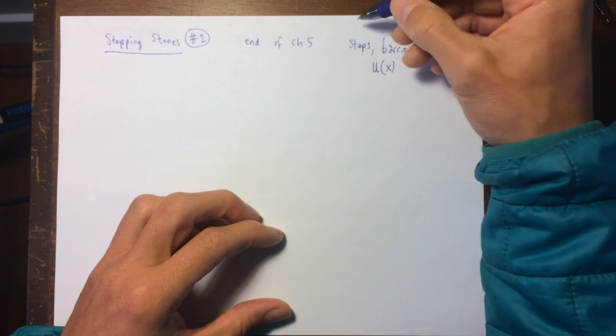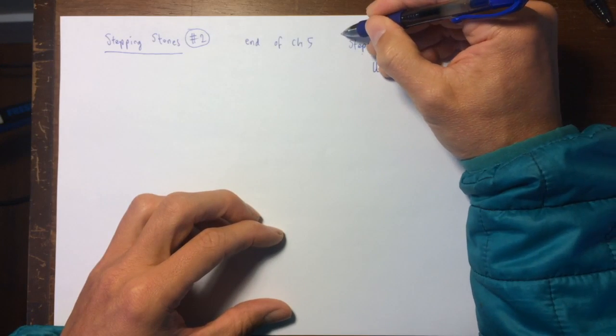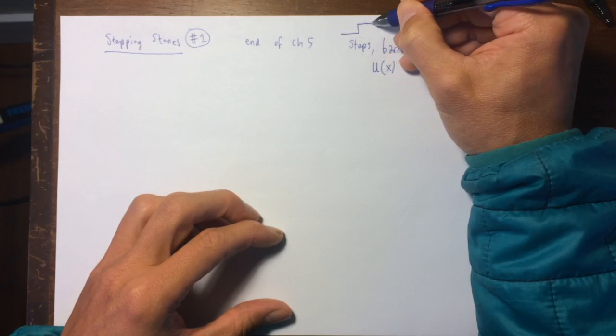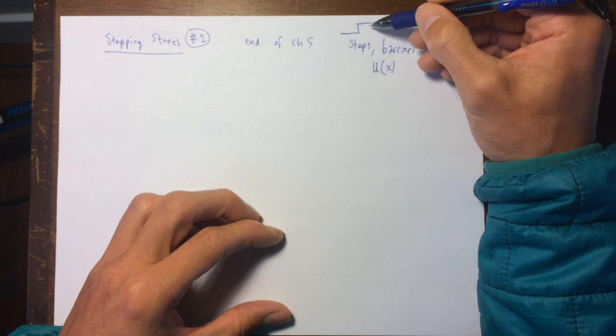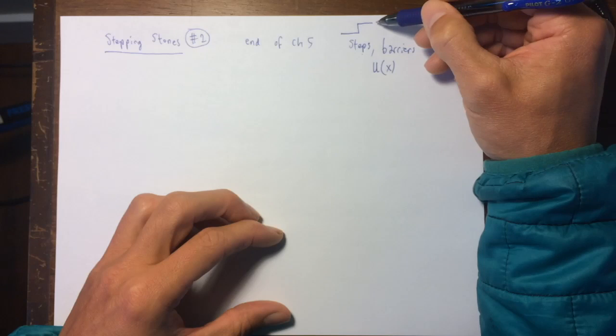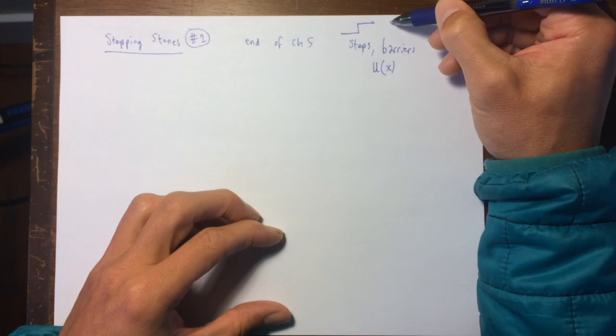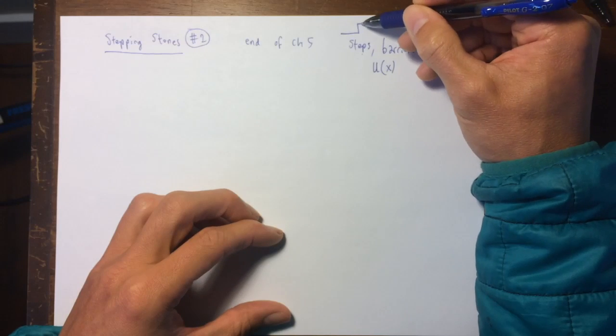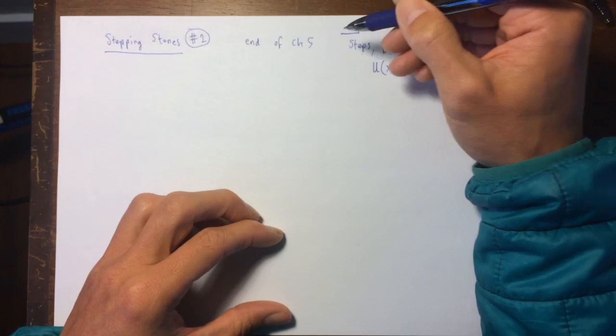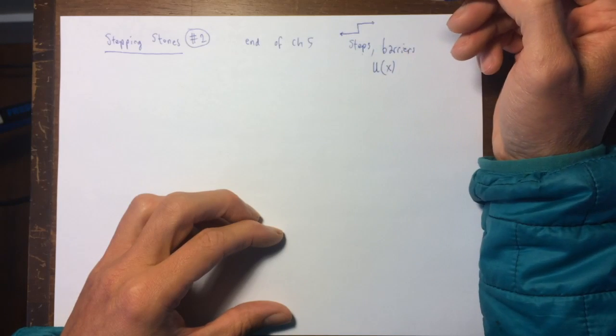A step, well, you probably already know this, looks like this. The potential on the right-hand side, which is meant to continue to infinity, has a higher value than the potential on the left-hand side.